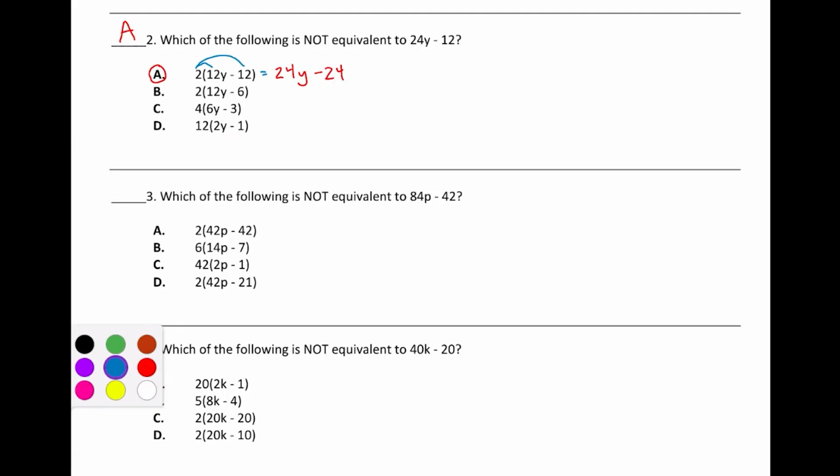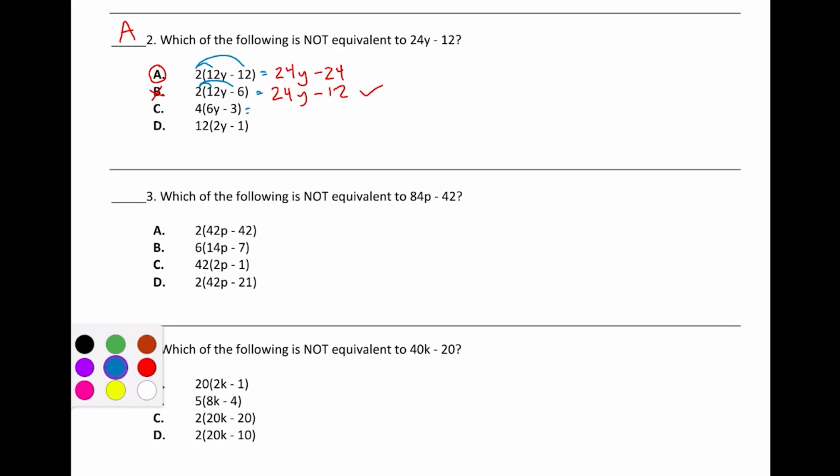So we'll go through each answer choice and just verify that they all equal 24y minus 12. If I distribute the 2 in answer choice B, I'll get 24y again. But for that constant, I get 2 times negative 6, which is negative 12. Yeah, and that is the same. So that checks out. The question's asking which is not equivalent, so that is not going to be our answer.